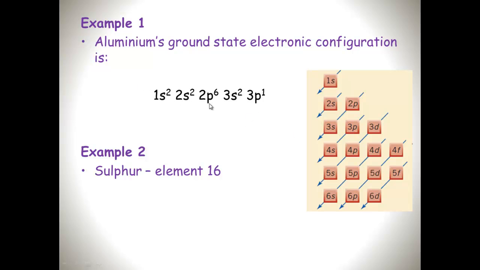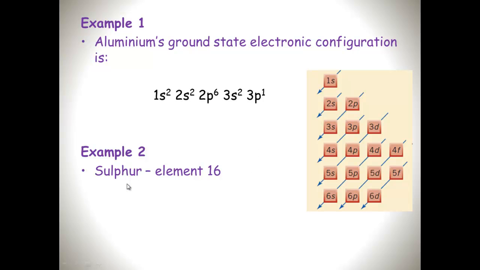So it's 2, 4, 10, 12, 13 electrons. And we're just putting them in the order that they are here: 1s, 2s, 2p, 3s, 3p. 2 in the s subshell, 6 in the p subshell.